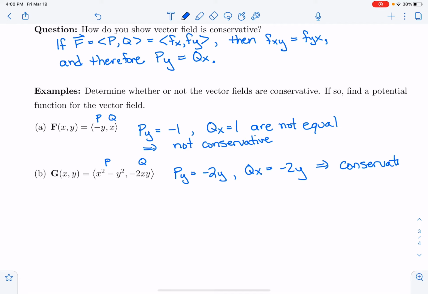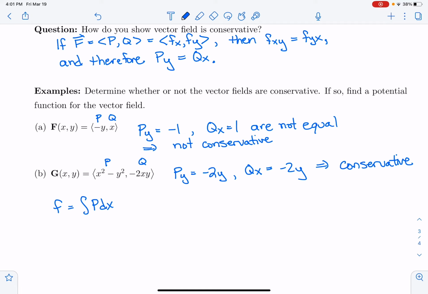Now, once we have a conservative vector field, we need to find a potential function, a function whose gradient is this vector field. So what I'm going to do is integrate, or find the antiderivative of, P with respect to x.